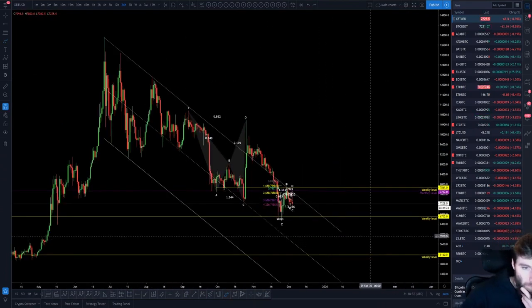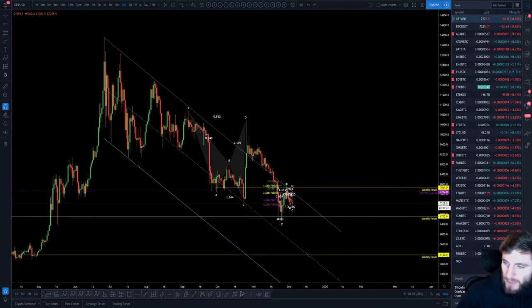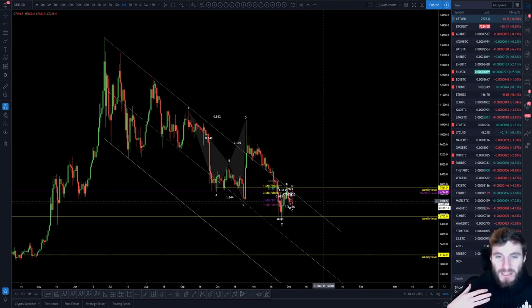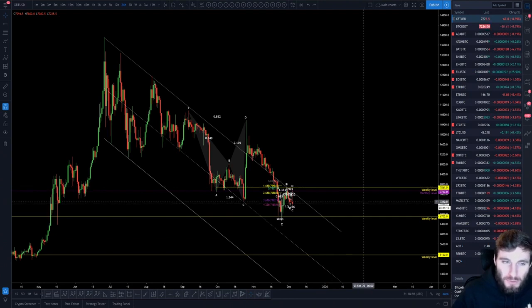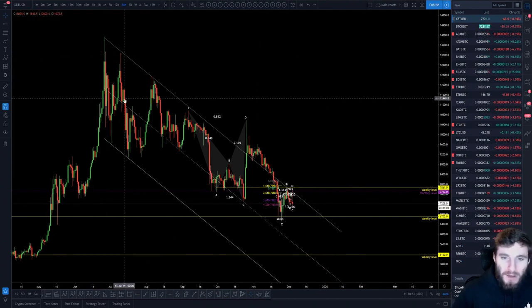But yeah, I've got to say on the macro, I'm neutral. Currently I'm neutral until 6.8k is lost. Well, this is the thing: I've been saying I'm neutral bias since the highs, but I've only been trading aggressively short for the last few months. So although I say I have a neutral bias, I'm obviously aggressive on short.